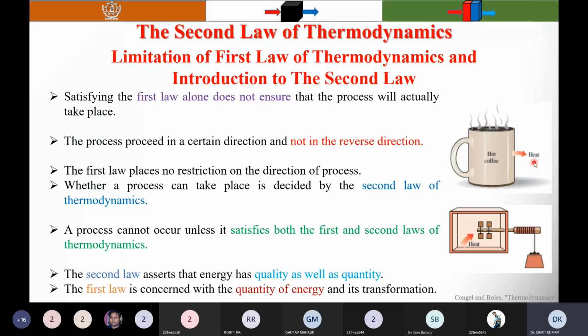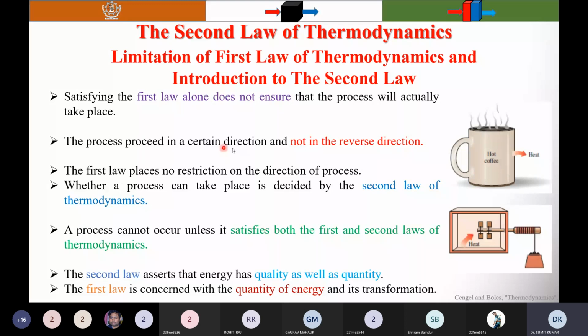Satisfying the first law alone does not ensure that a process will actually take place. For a process with heat transfer, you should also discuss the direction, not just tell the amount of energy. The process proceeds in a certain direction.